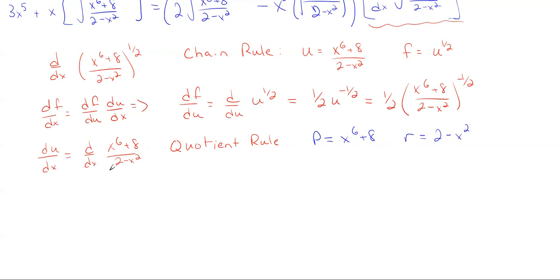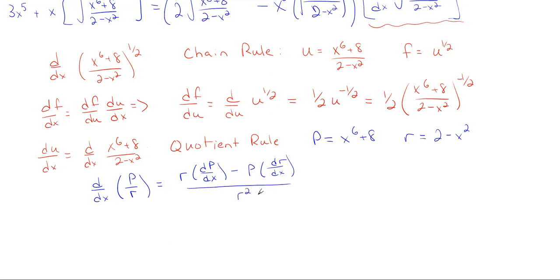So whenever you have this going on, it is going to be d dx of p over r. So this will be equal to r times dp dx, and then minus p times dr dx, all over r squared.